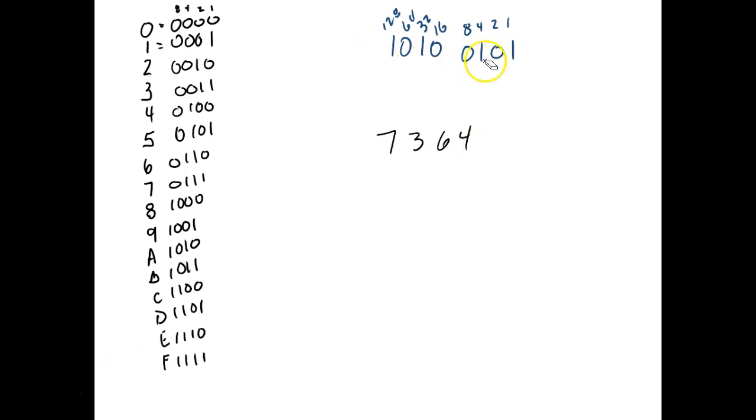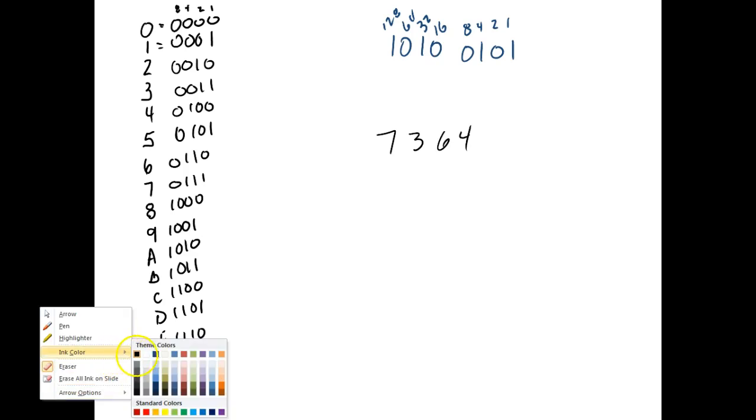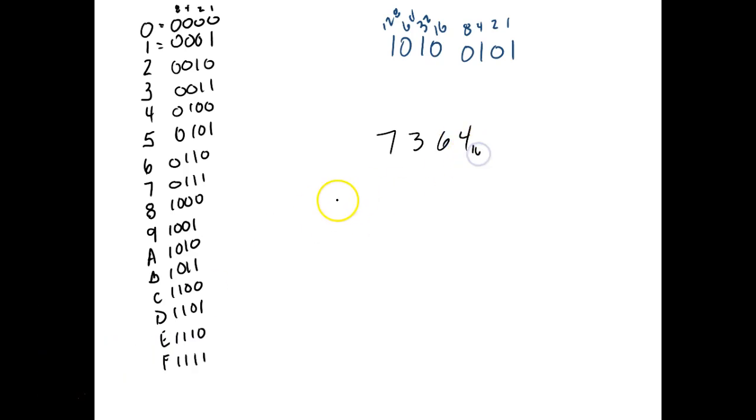So that would be legal in all of our bases. That's a legal number in decimal, that's a legal number in hex. But if I was to write down a base 16 number, then we would do a 7, a 3, a 6, and a 4. You can see it's a lot bigger number.